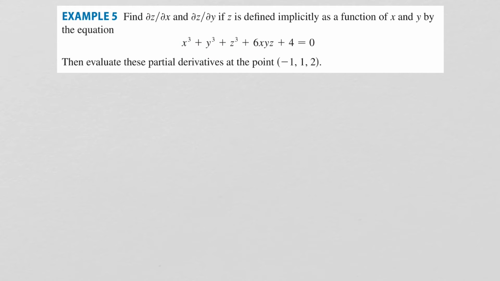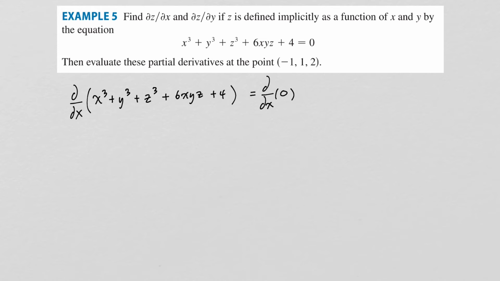So the way we do this is we simply take our equation, x cubed plus y cubed plus z cubed plus 6xyz plus 4 equals 0, and we're going to take the partial derivative of this with respect to x, and we're going to take the partial derivative of the other side with respect to x.